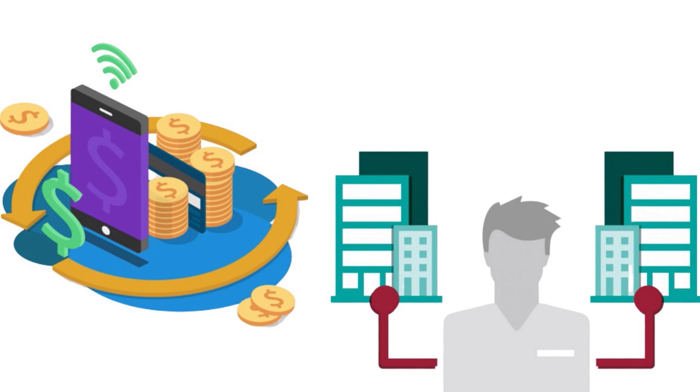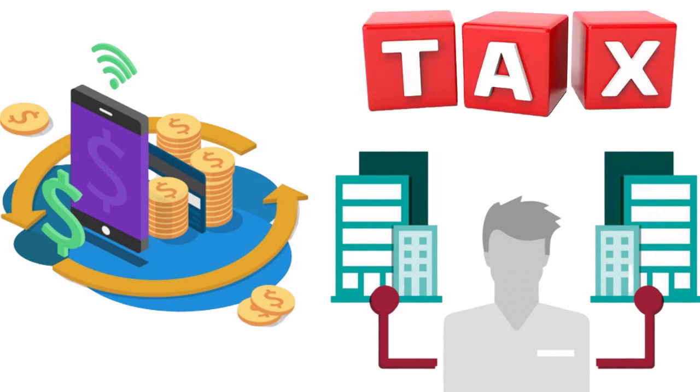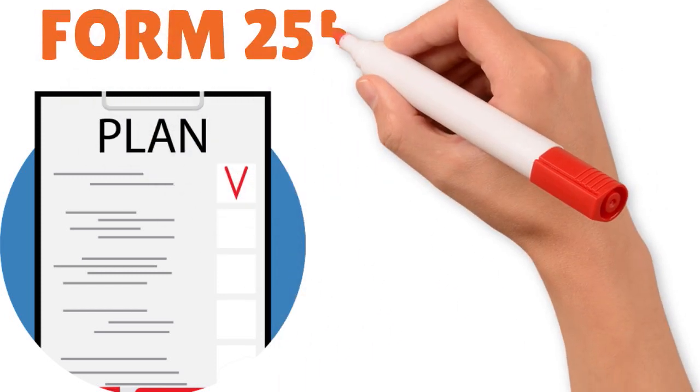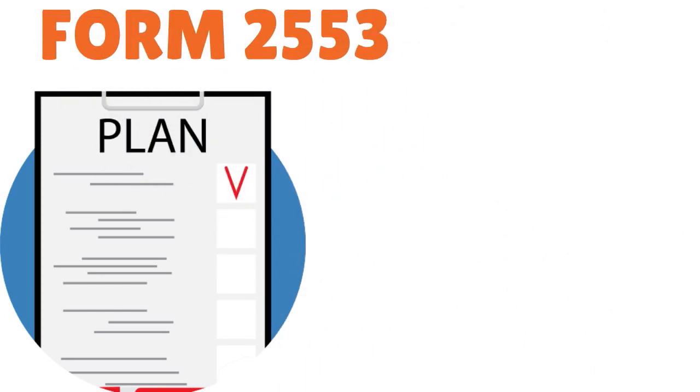To prevent being held liable for entity taxes as a sole proprietor, it's important that you speak to a tax professional or have a clean plan moving forward, okay? Some simple yet often overlooked tips, like filling out a Form 2553 and checking the box to have the LLC treated like an S corporation, can prevent the chance of becoming liable for entity taxes or debts.